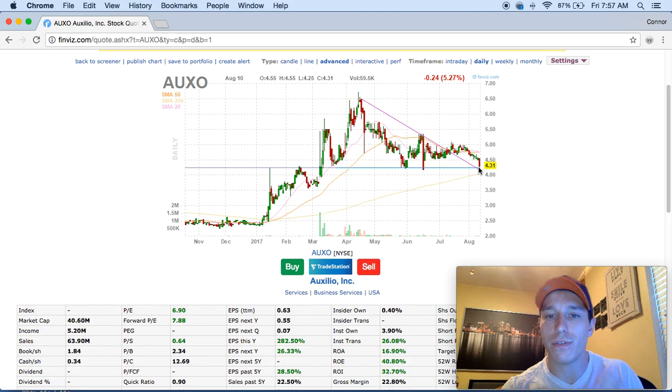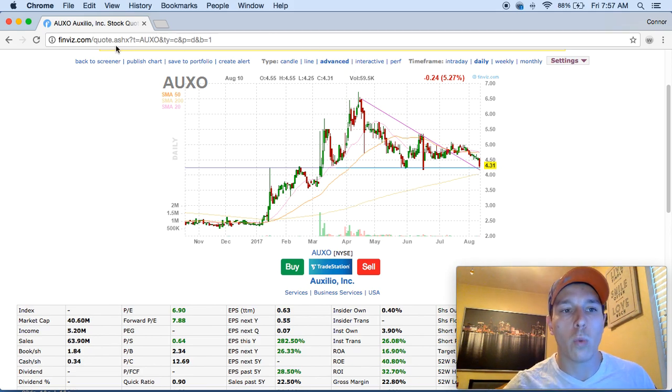So you could say to yourself, this is sitting right on support. If we have a good earnings call this morning, we could definitely see this thing bounce, and we could definitely see it shoot up just because we're on support. And if they have a good earnings call, stocks tend to go up. It's just the way it is. So based on what we have here, we can get ourselves a little watch list going, okay?